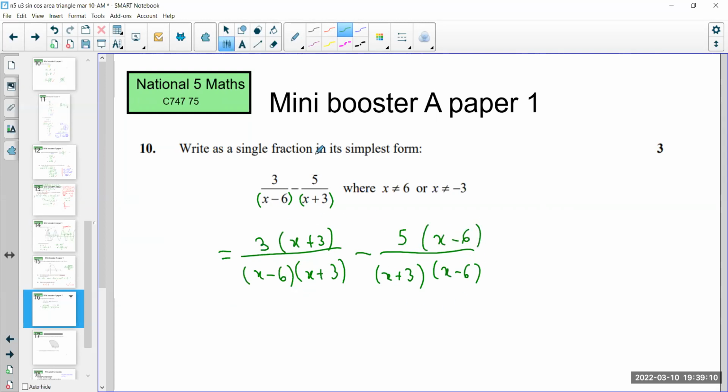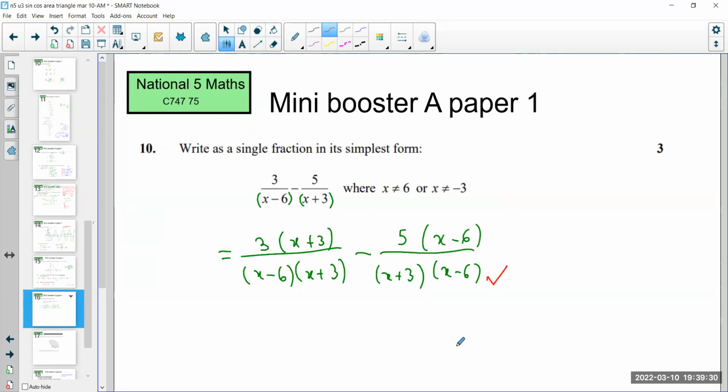That means those fractions are equivalent now. Anything divided by the same thing is always 1. This is your first mark.